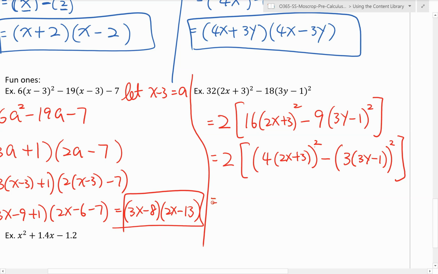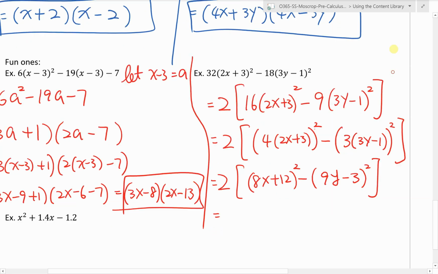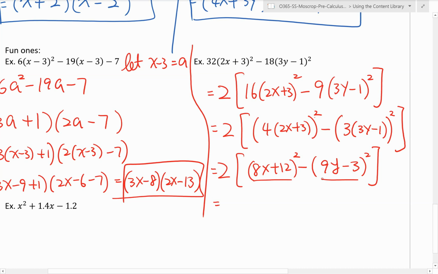So what we can do right now is simplify the inner brackets first. Okay, so that's 4 times 2x, that's 8x. 4 times 3 is 12. Minus 3 times 3y is 9y. 3 times negative 1 is negative 3, squared. Now this again, you can see, is a difference of squares.